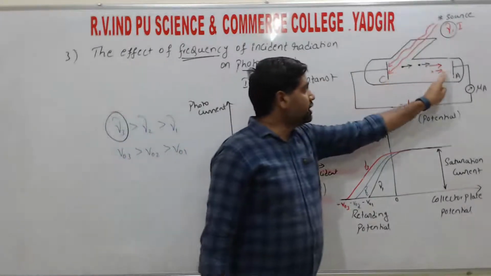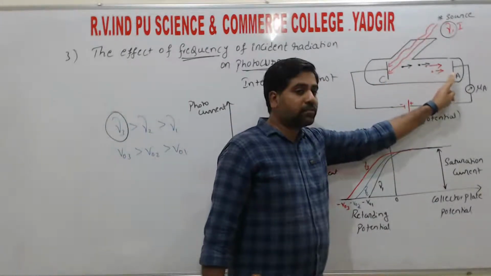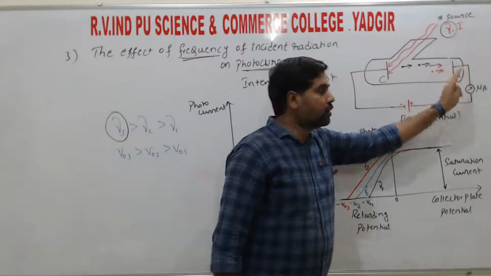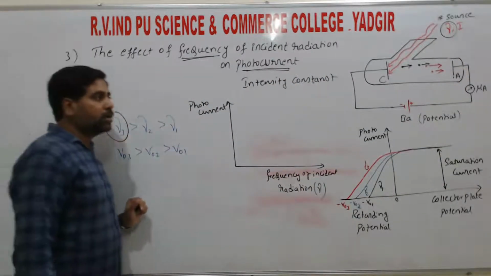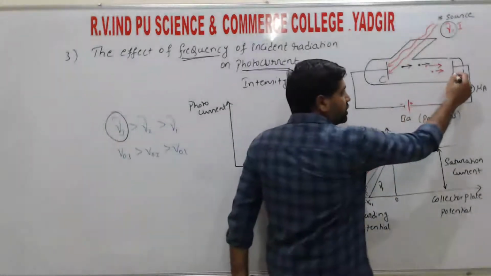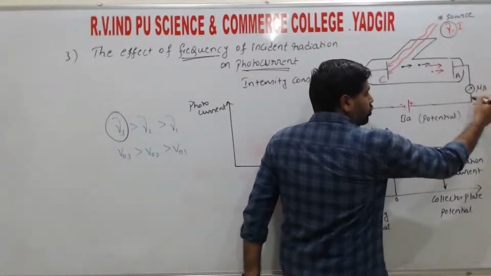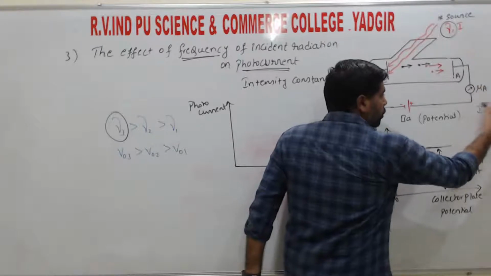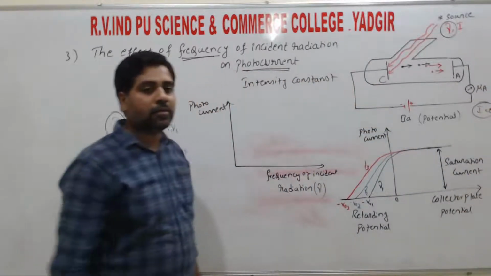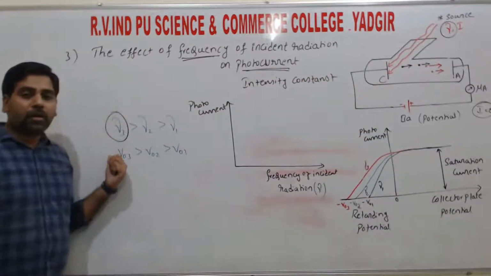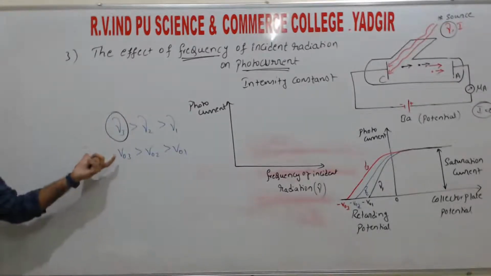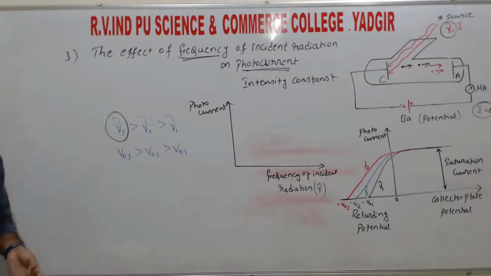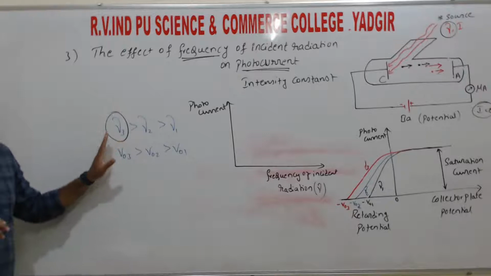To stop these electrons from reaching this plate, we have to apply more potential, right? Only by applying more potential can we stop the electrons from reaching this plate, and then the current flowing through this circuit becomes zero, right? That we call the stopping potential. So the energy of the emitted electrons depends on the frequency of the incident radiation.